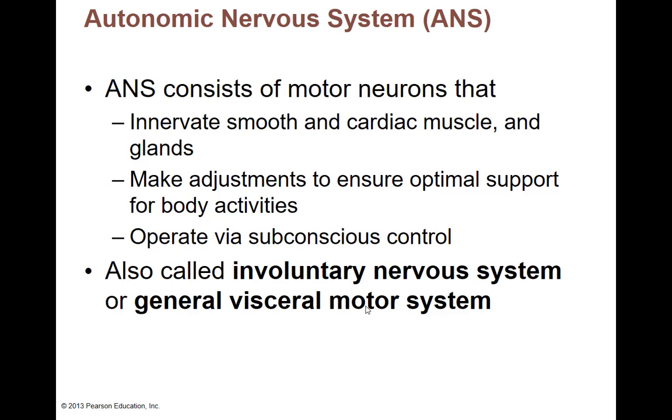It adjusts our body to make sure we have optimal everything. You're not too hot, you're not too cold, you may sweat, you may not. But it's all under subconscious control. You cannot control it. It is occasionally called your involuntary nervous system, because you can't control it. And occasionally, it's pretty rare, I hear it called the general visceral motor system. Not usually called that. Usually autonomic, or occasionally involuntary nervous system. These are all things you have no control over.